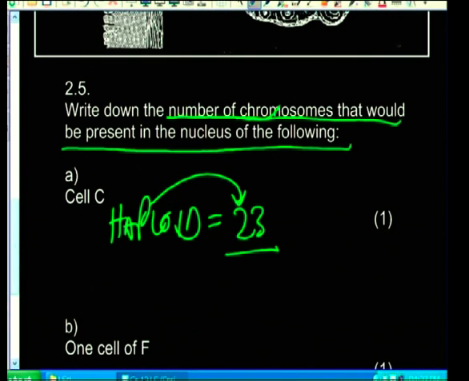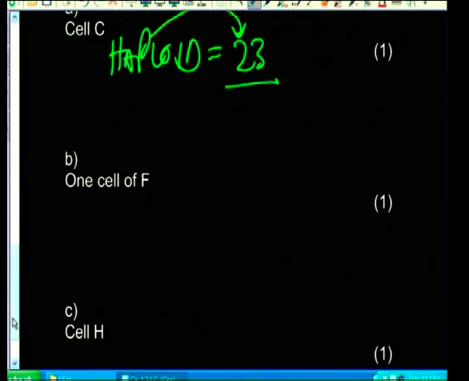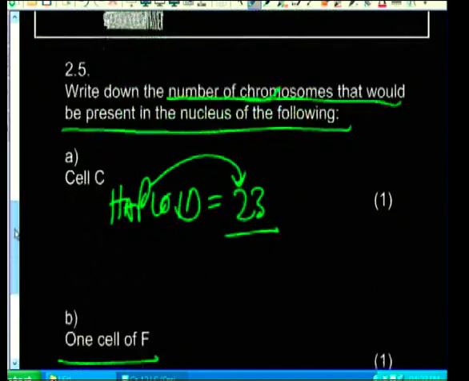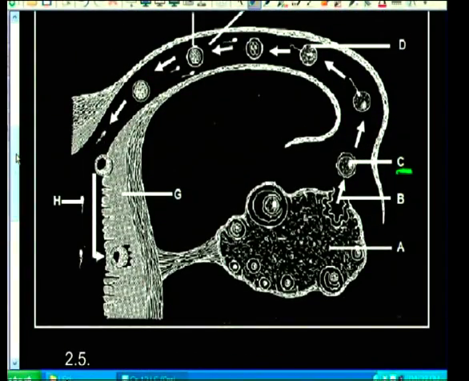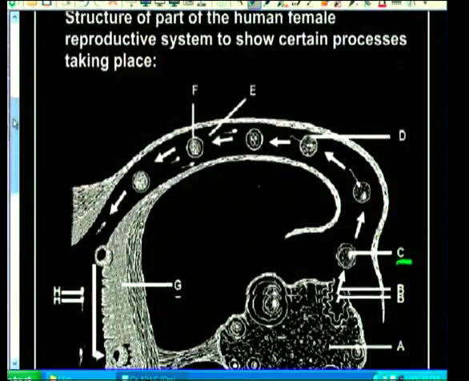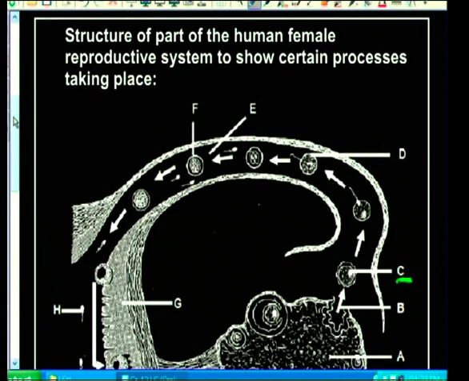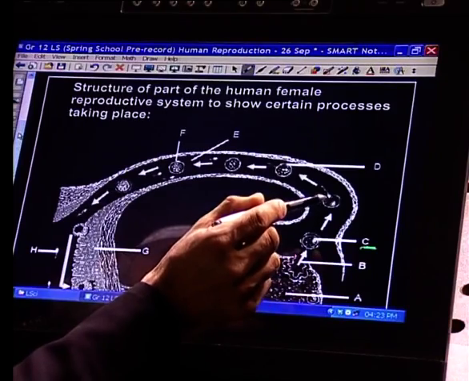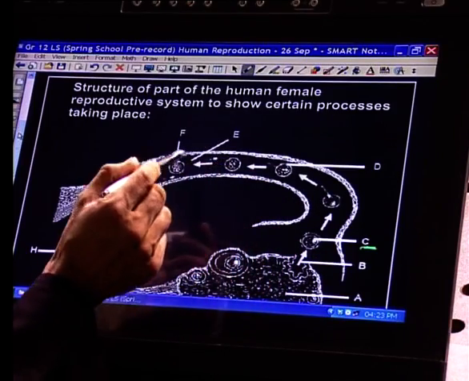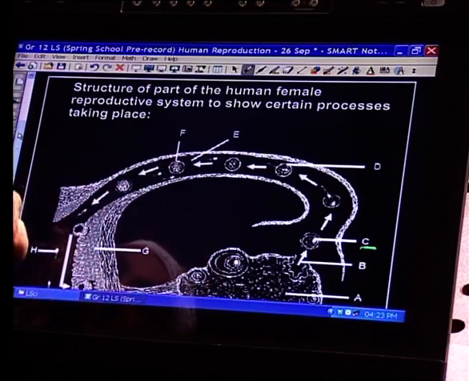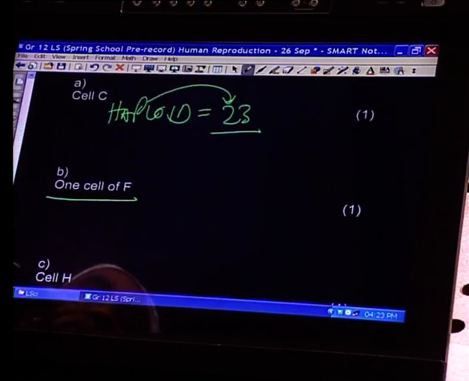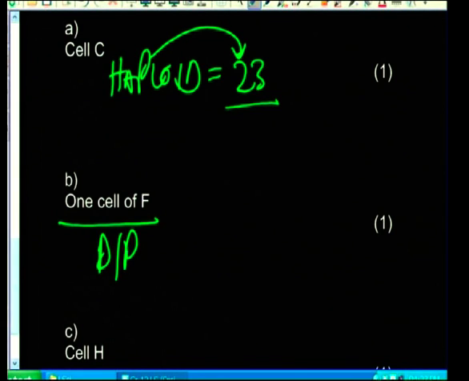Look at the instruction, number of chromosomes. One cell of F. Where is F? F is there now. Notice what F is. Fertilization has taken place there, and this is now the developing embryo. When fertilization takes place, it becomes diploid. 1 plus 1 equals 2, 2n.